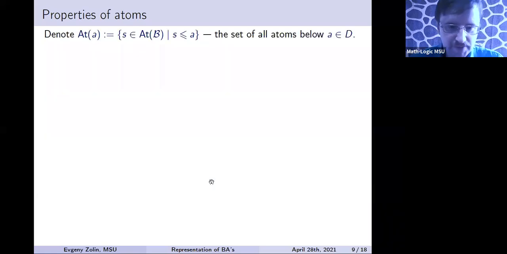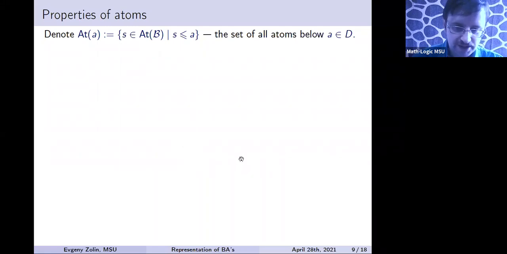Okay. Now let us consider not the set of atoms of the whole Boolean algebra, but for every element, let us consider all atoms that are below this element. Below 1, we have all atoms, but below some fixed element, we have only a subset of atoms.